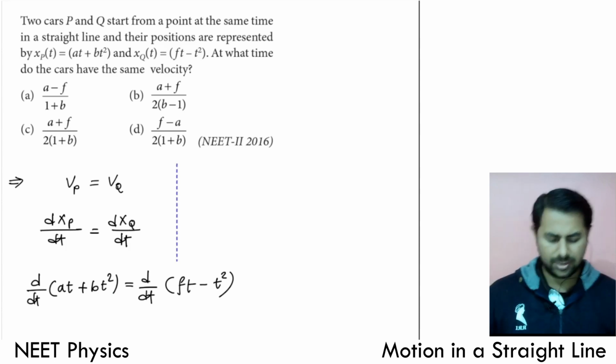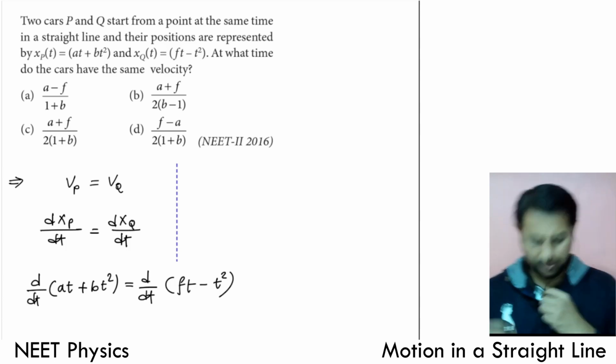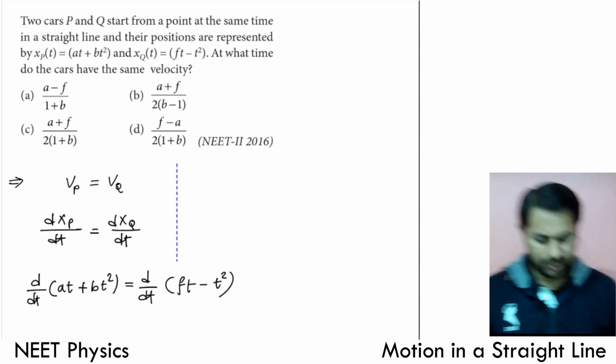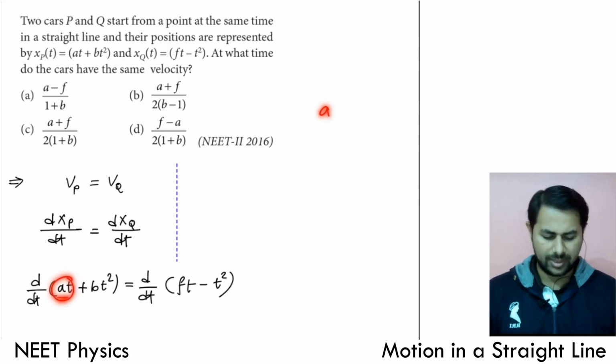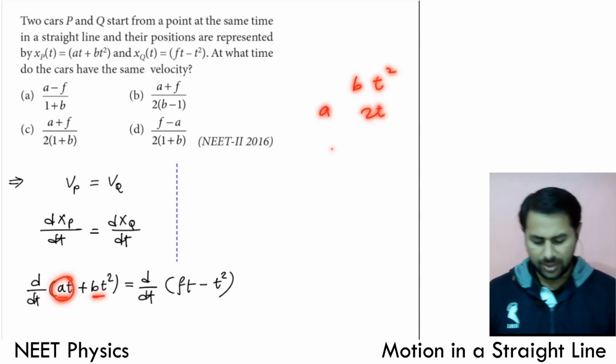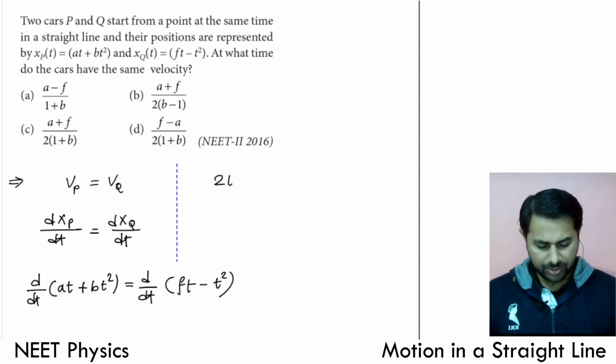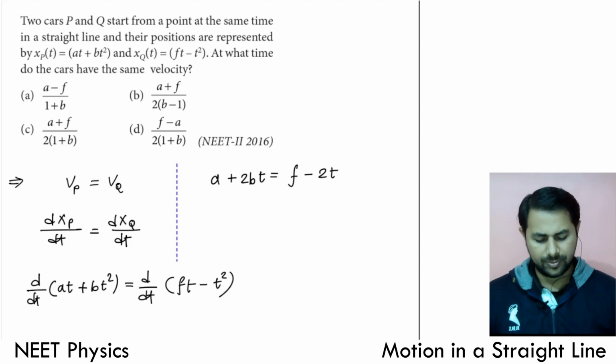What is the derivative of the first one? The derivative of at is just a, right? For bt square, you can take b out, the derivative of t square is 2t, and therefore it is 2bt. So it's a plus 2bt, and that's equal to the derivative on the right hand side, which is f minus 2t.